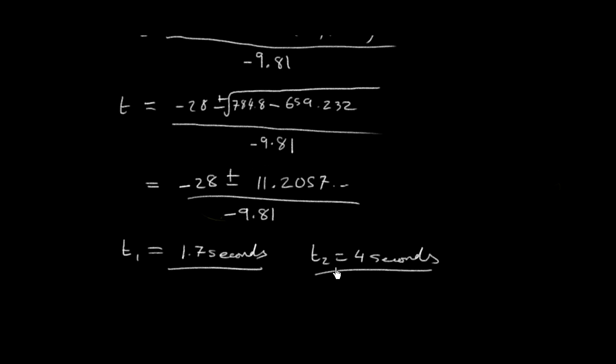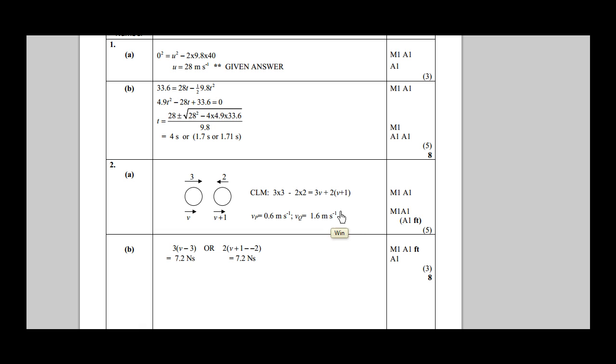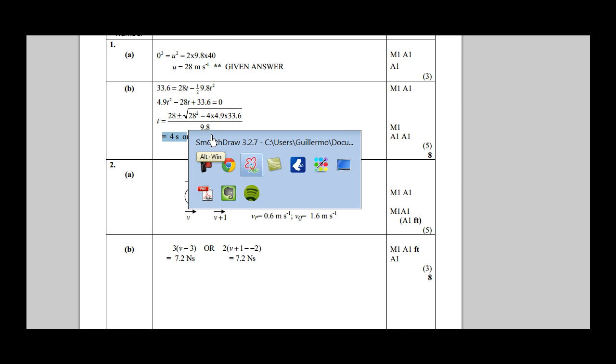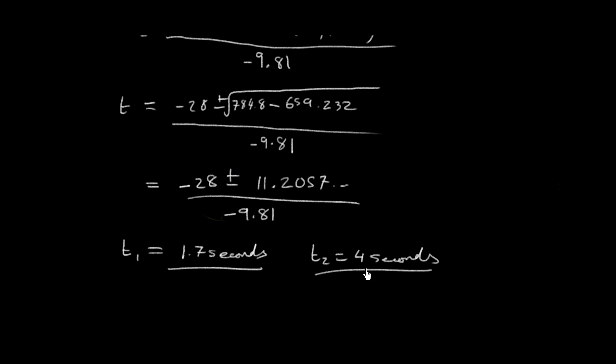Okay, and just in case you don't trust me too much, the mark scheme is around here. You can see here it is 1.7 seconds or 4 seconds. Those are your two answers, and 1.7 and 4 seconds is what we have, so that's good news.